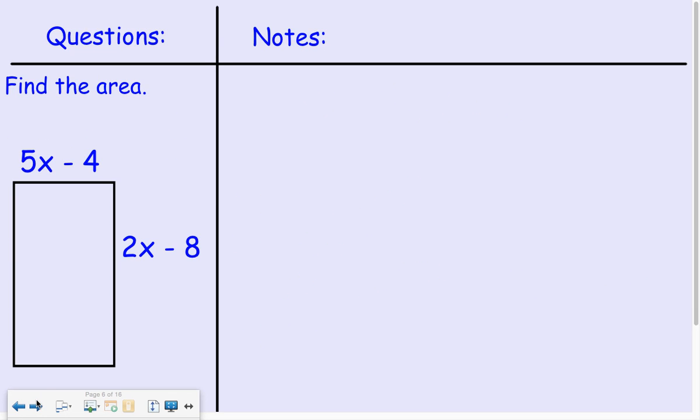And last, we have a rectangle. We need to find the area of our rectangle. So first of all, let's write down the formula for area of a rectangle. The area of a rectangle is base times height. So the base of our rectangle, well, since this side is 5x minus 4, this side also has to be 5x minus 4.